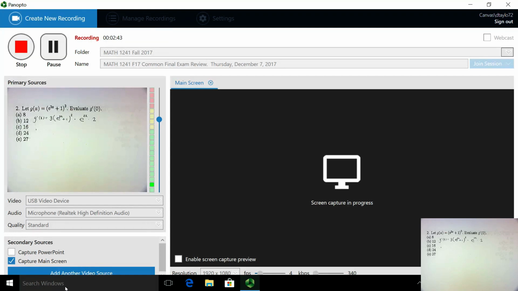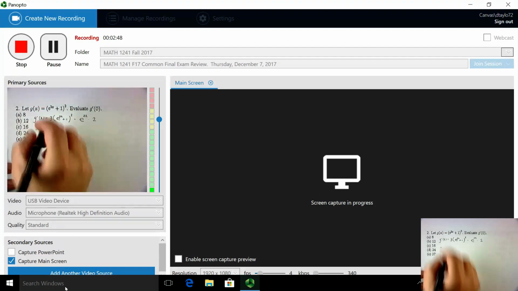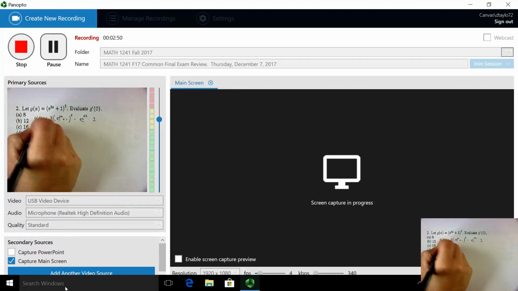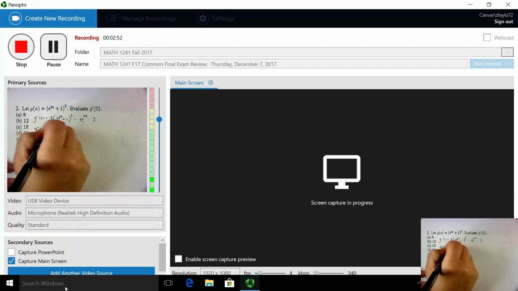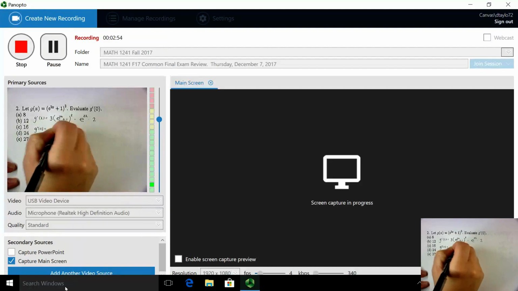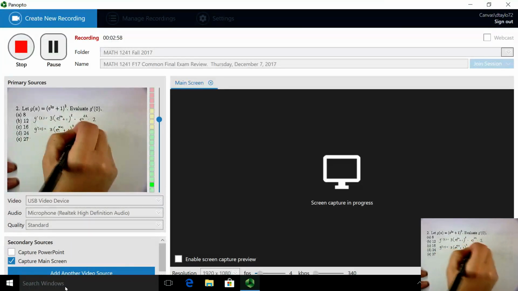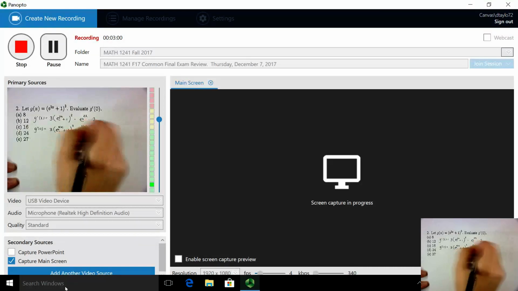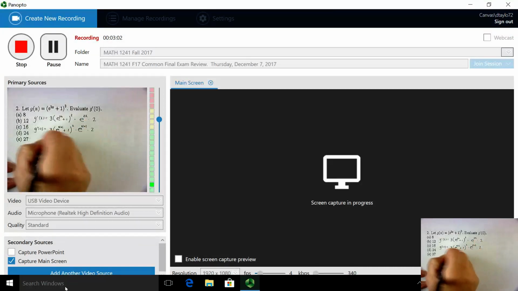And now we would like to evaluate at 0. So g prime evaluated at 0 is equal to 3 times e to the power 2 times 0 plus 1, quantity squared, times e to the power 2 times 0 times 2.